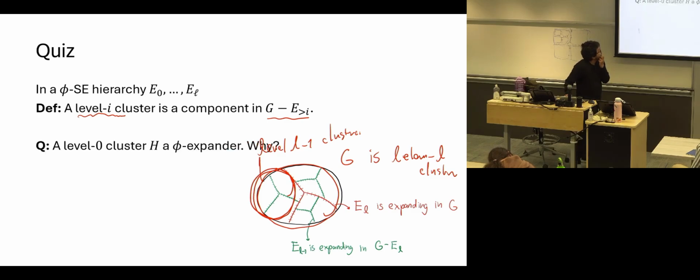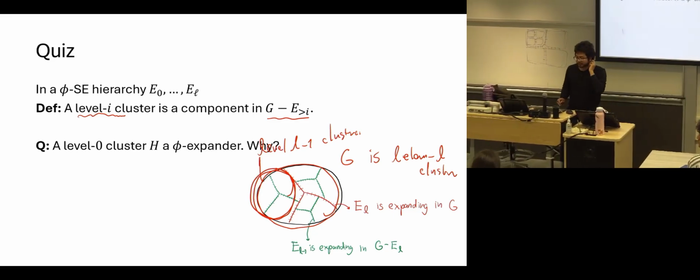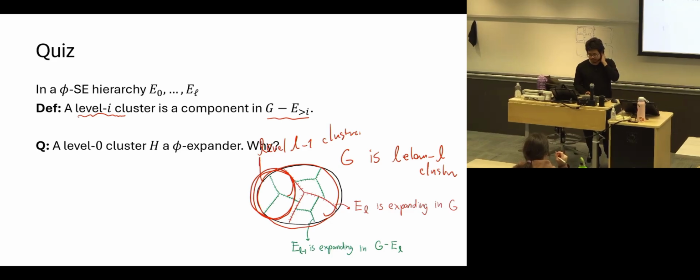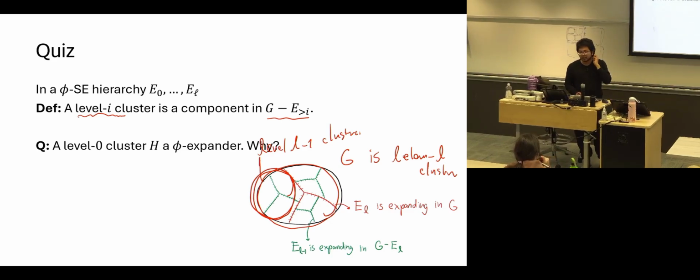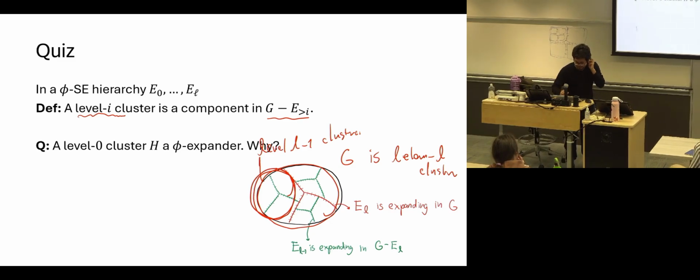So I claim that a level 0 cluster must be a phi expander. Why is that? A level 0 cluster might not be a point. Level minus 1 cluster is a point, because level minus 1 would be G minus E more than this, which is everything. But a level 0 cluster might not be a point.